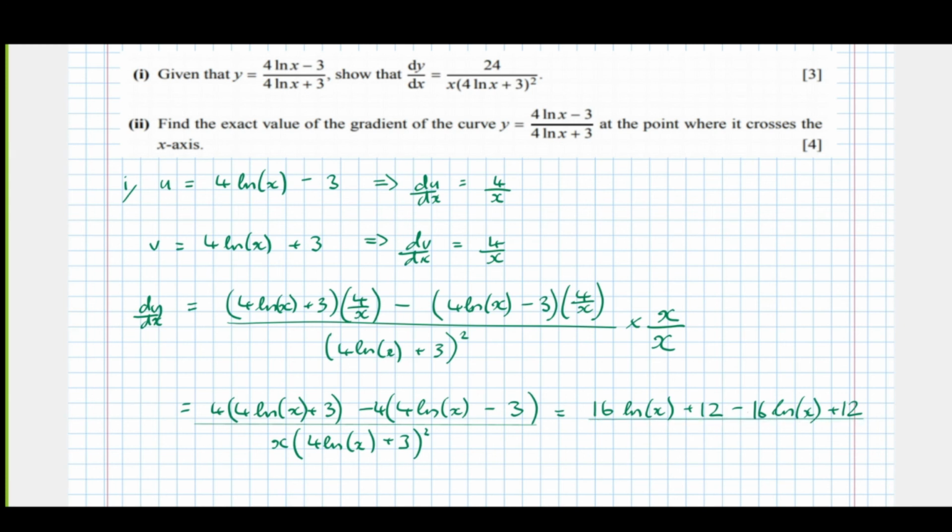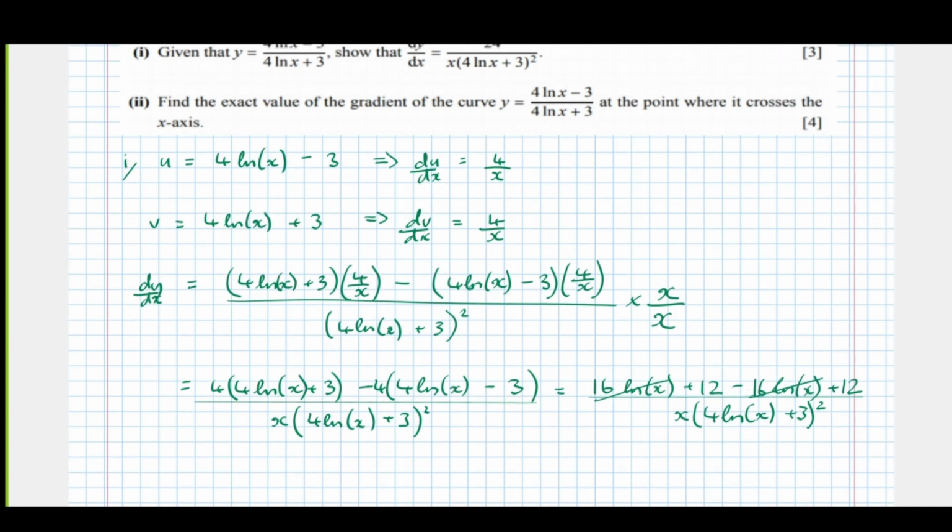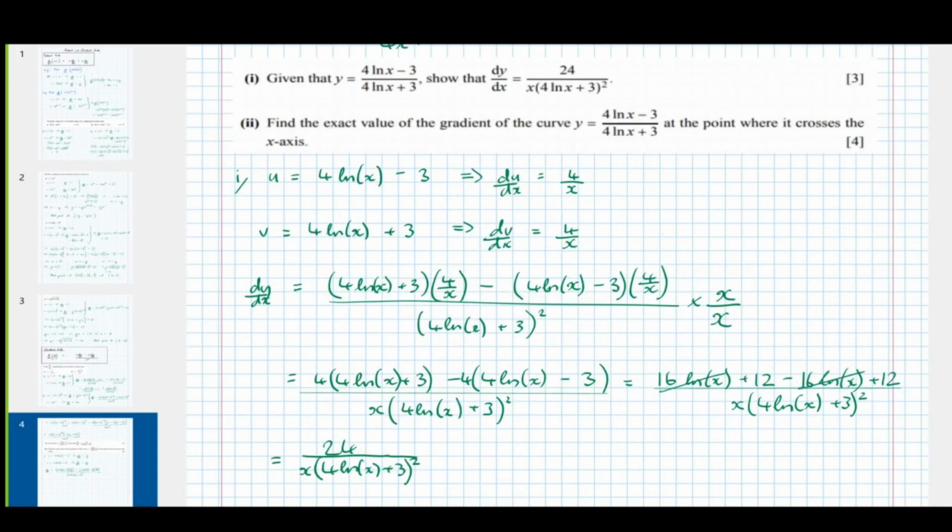All over x times v squared, 4 log x plus 3 squared, almost there. 16 log x, take 16 log x. And let's conclude. Equals 24 over x times 4 log x plus 3 squared. And there's the full answer there.